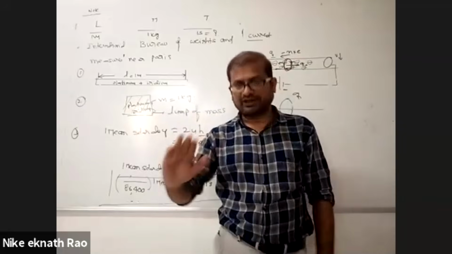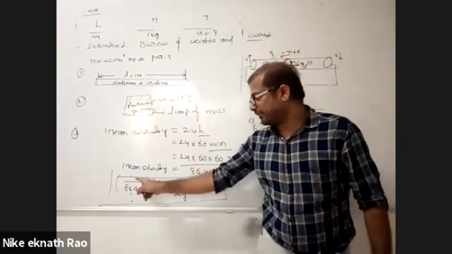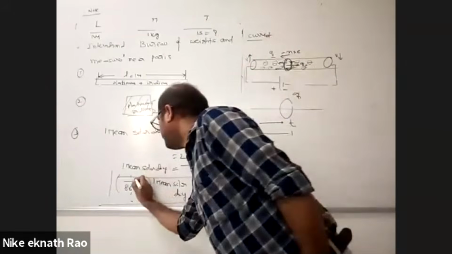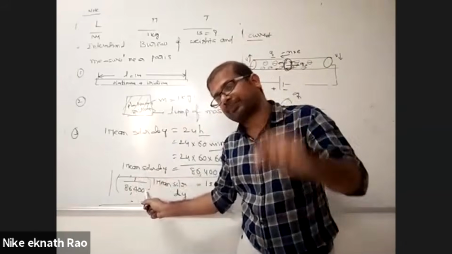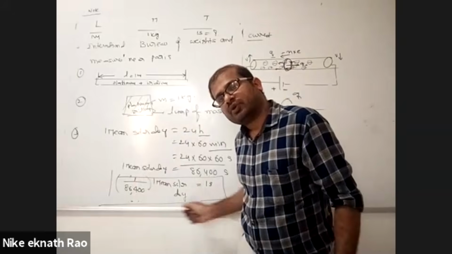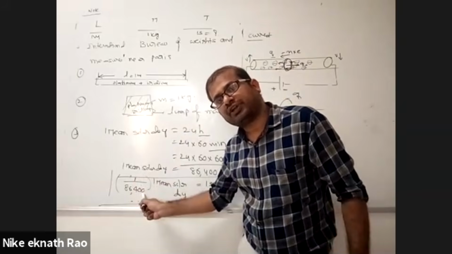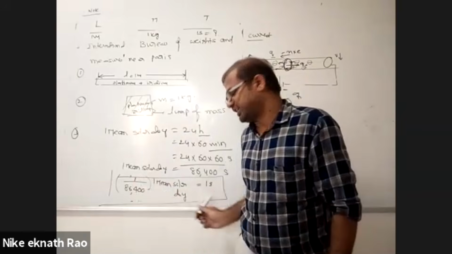Previously we defined it like this: 1 by 86,400th part of one mean solar day is taken as 1 second.